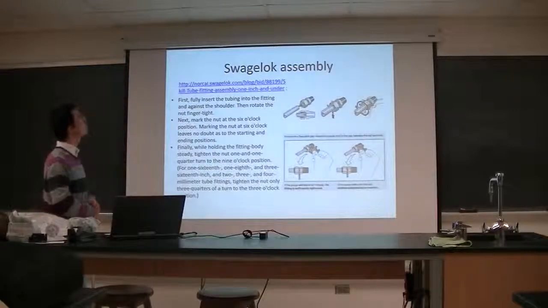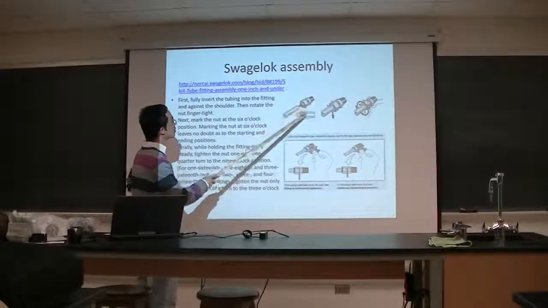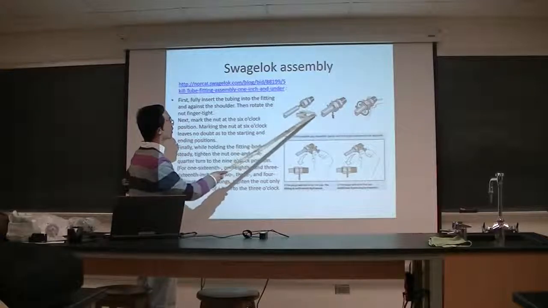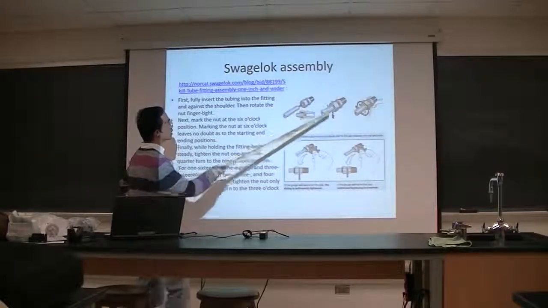So here I show you a plot of Swagelok fitting assembly. Basically, at first you put these nuts on the male part, and then you put your pipes into it, and then you start to tighten it.